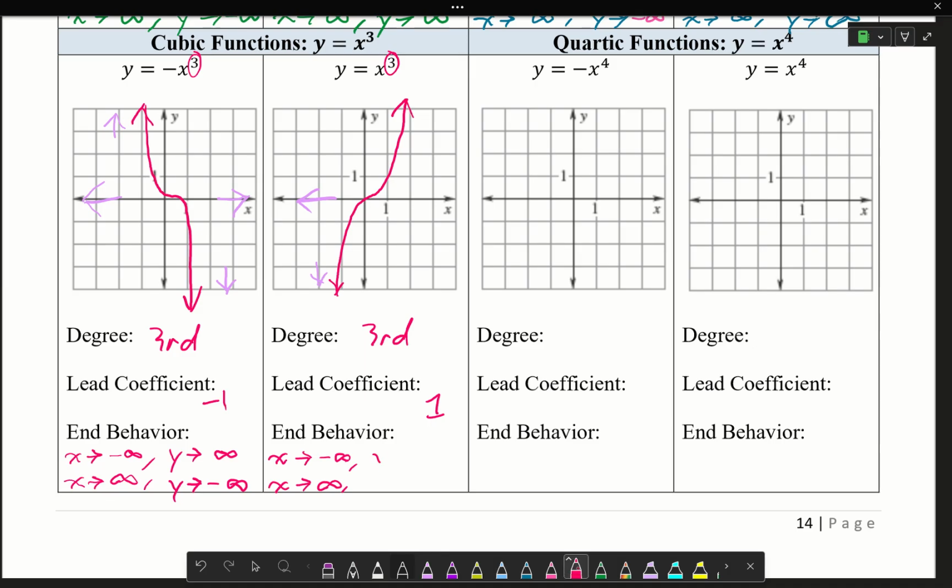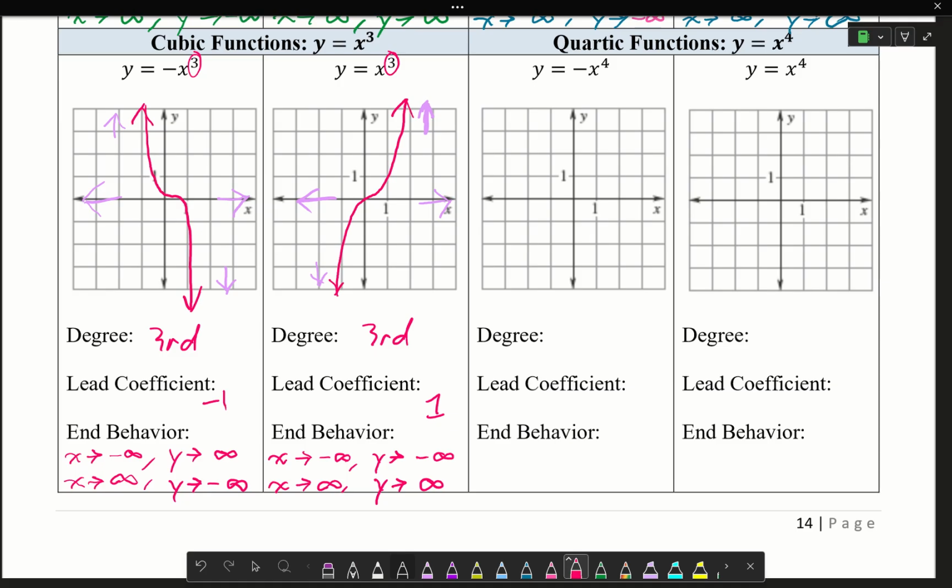So we'll pop that in, that y is approaching negative infinity. And to the right, as the x's are increasing towards infinity, we can see that y is also heading upwards, increasing towards positive infinity. There we go, y approaches positive infinity.